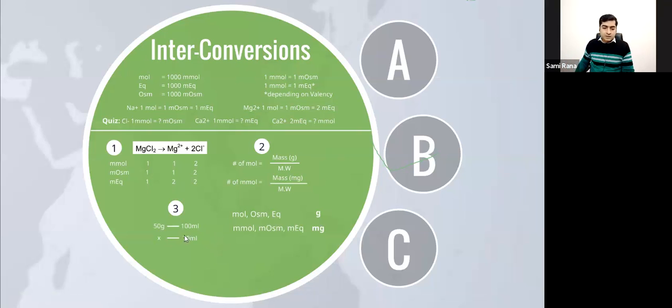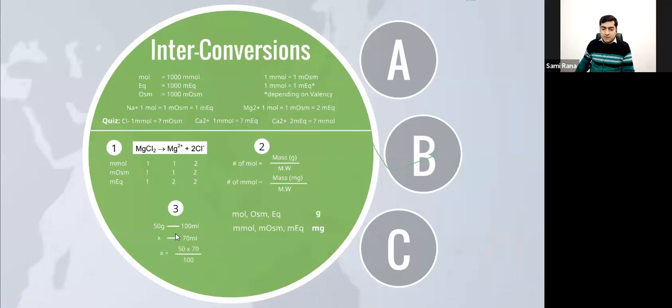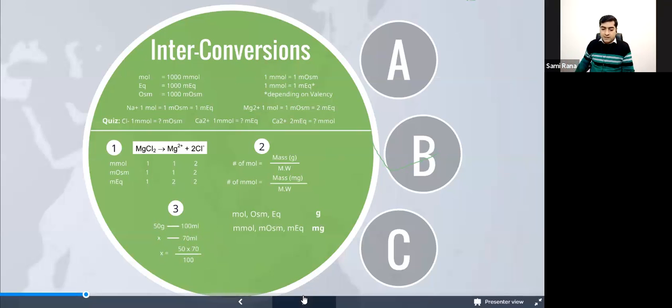For example, if 50 gram of sodium is in 100 ml of water, then how much gram is in 70 ml of water? This is simple cross multiplication. So we take x on one side and adjust the equation on the other side, and we will have our answer.